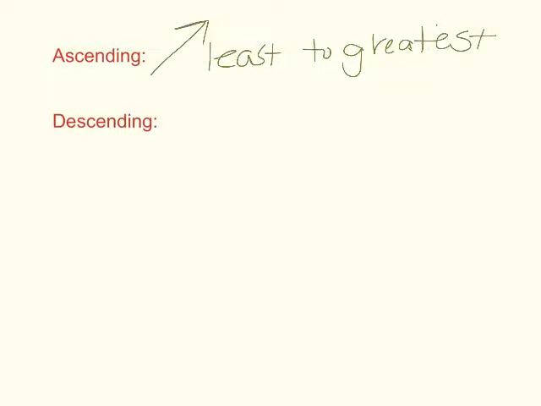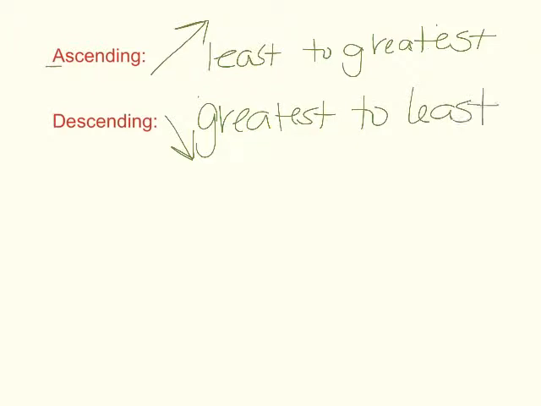Think we start with A and we go up the alphabet. Descending is down. We go down the stairs. If you're on an airplane, they say we're making our final descent. So descending is from greatest to least. You must know these vocabulary words.